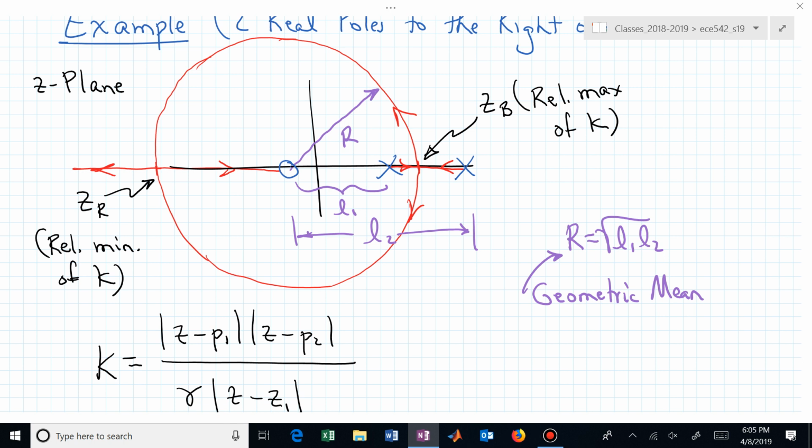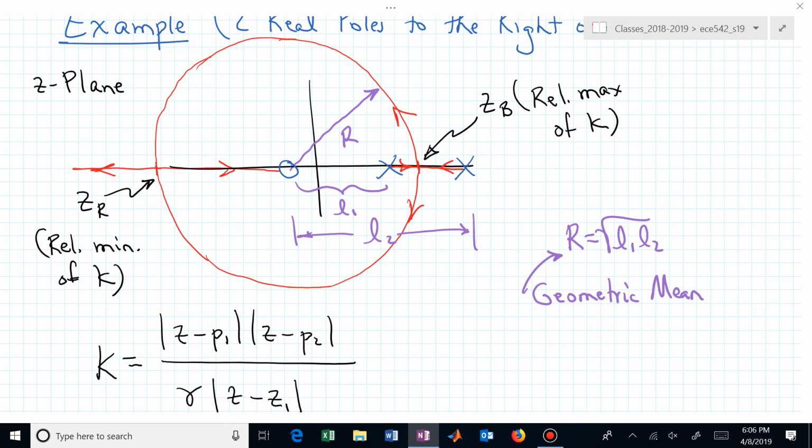Is this system stable? Trick question. It's a trick question, isn't it? I haven't shown you where the unit circle is. Stability depends on where the unit circle is.